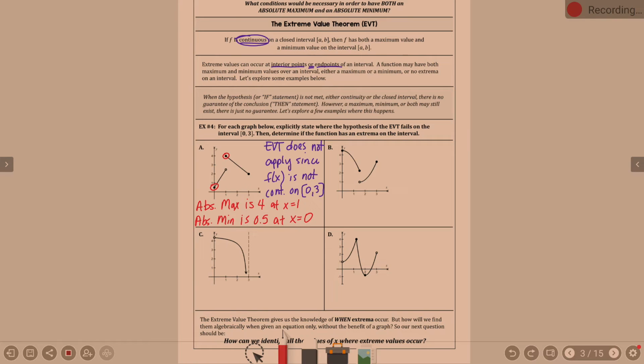Okay, B. Does EVT apply? No, not continuous again, right? Okay, the theme of this section. So EVT does not apply since not continuous on, what is it, 0 to 3 again?